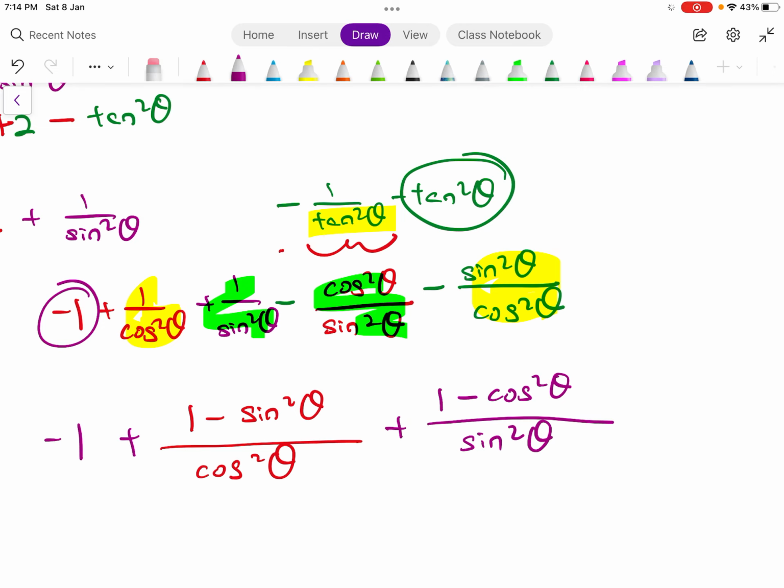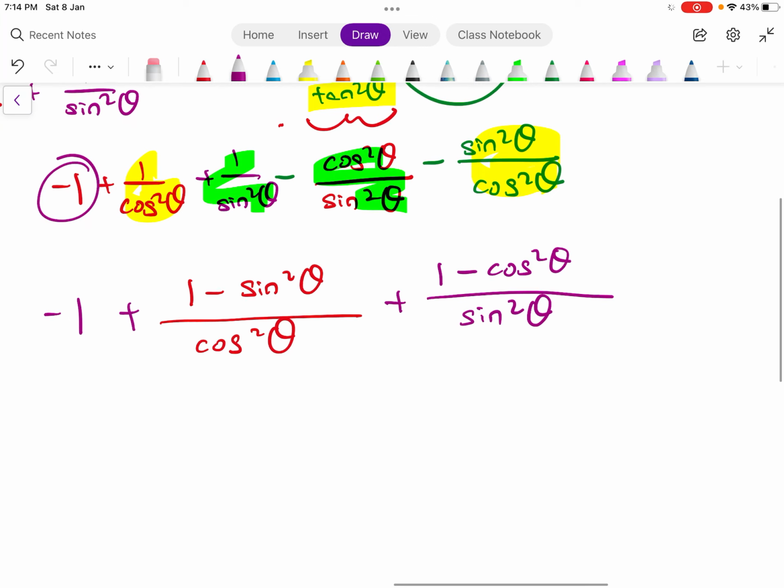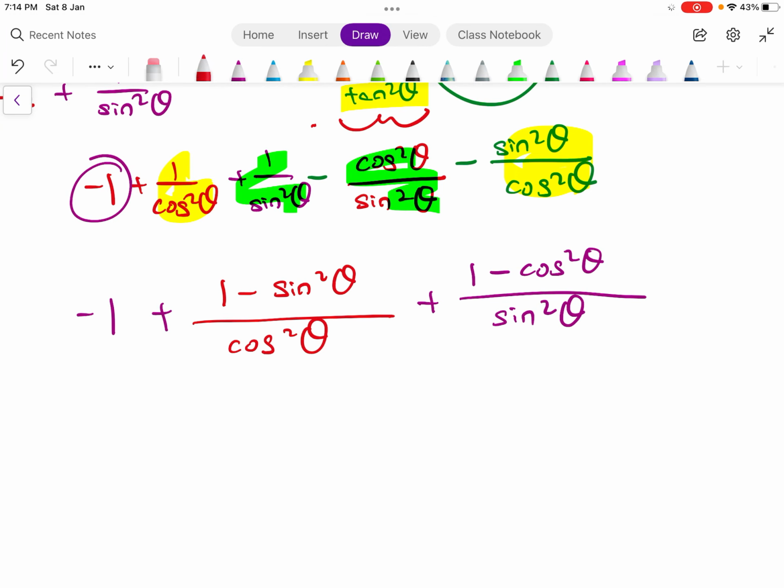Now let's further manipulate. It's a bit tedious, this one. If you look at the numerator right here, 1 minus sine square theta, think of your first identity. So it's cosine square theta, divided by cosine square theta.